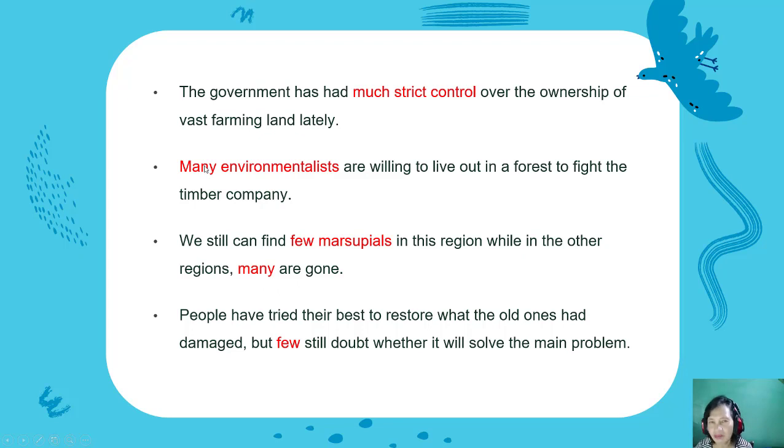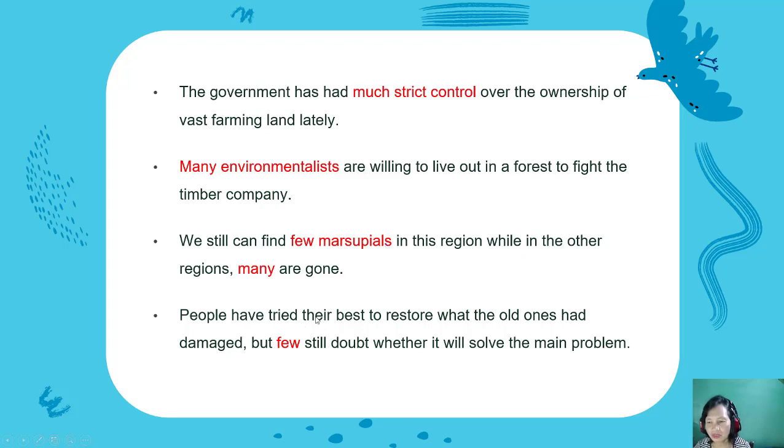I always remind you that this is an adjective with a noun and this is a pronoun without a noun. Few marsupials, also the same. This is an adjective, but the number is much lower than many. But it is still more than one. Remember that. That's why after few, we still have plural nouns.